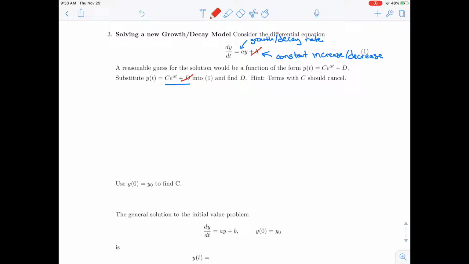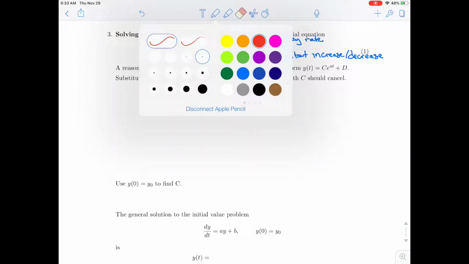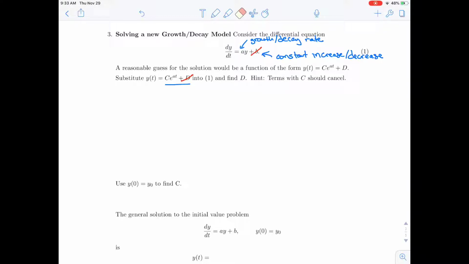So we could reasonably assume that if we add a constant increase or decrease, that would add some sort of constant to our solution. If we can plug this solution back into the differential equation and show that it satisfies it, then we'll know that this is actually the solution.